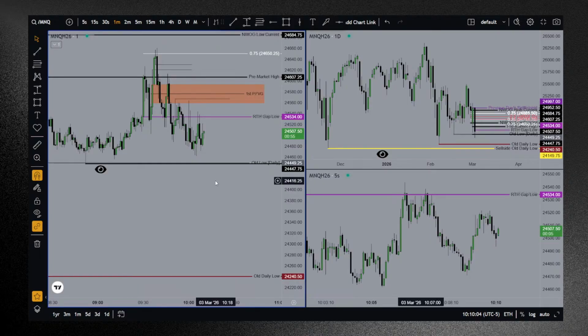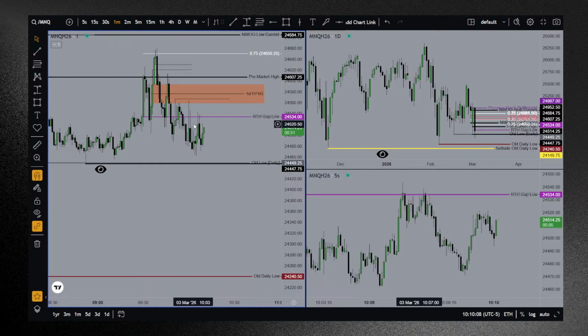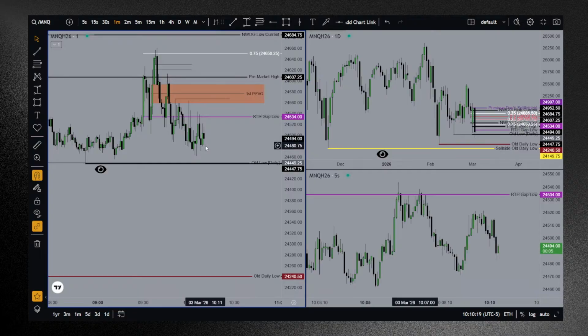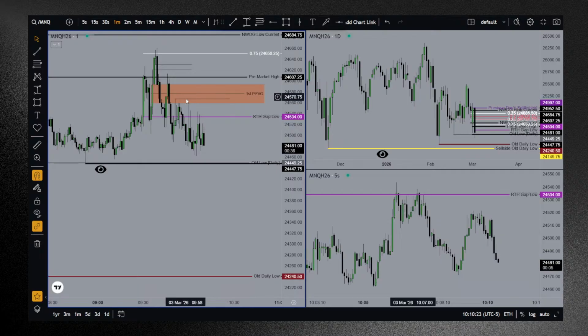The only issue I have right now is how I can frame a high probability low risk entry in all of this mess, right? And to see that potentially offering low risk entry would be sweeping above those highs first.